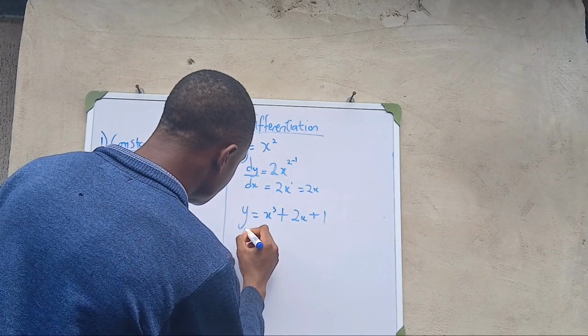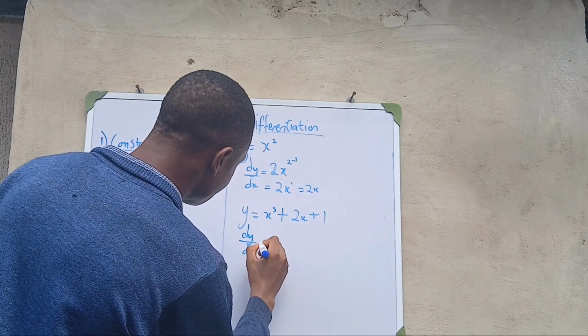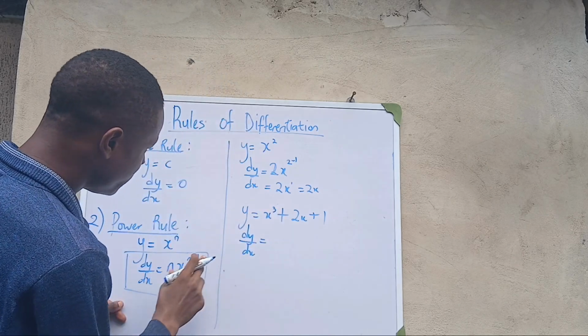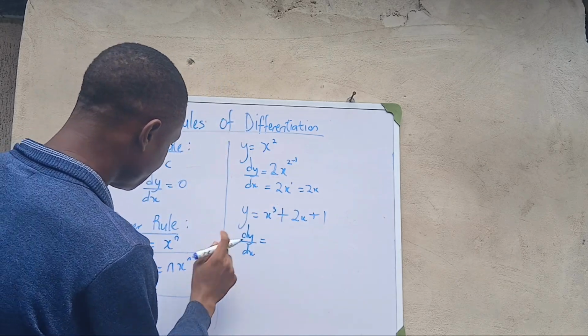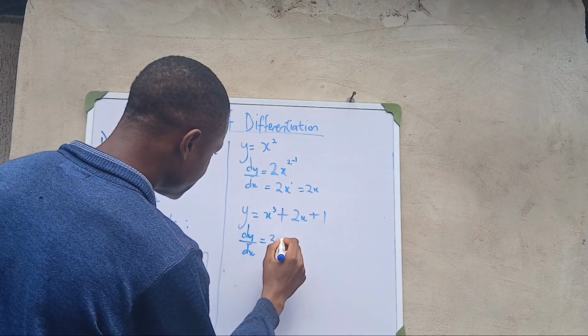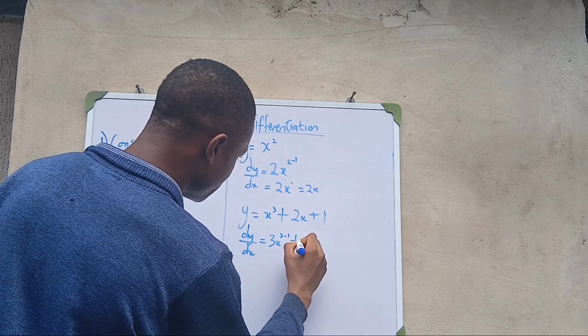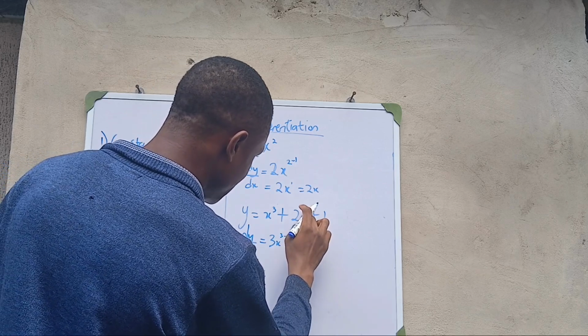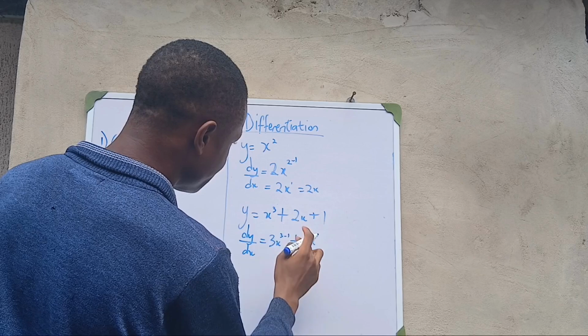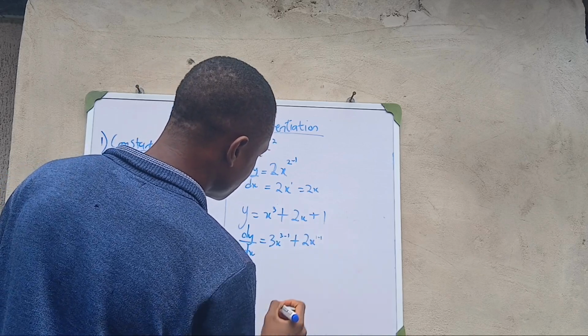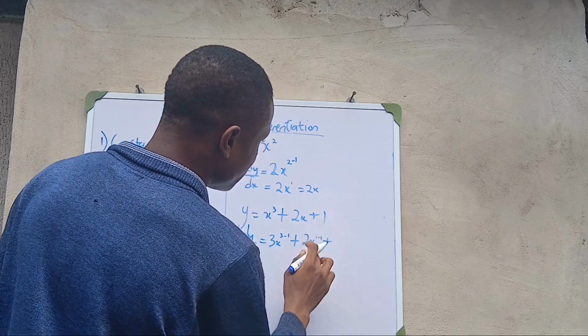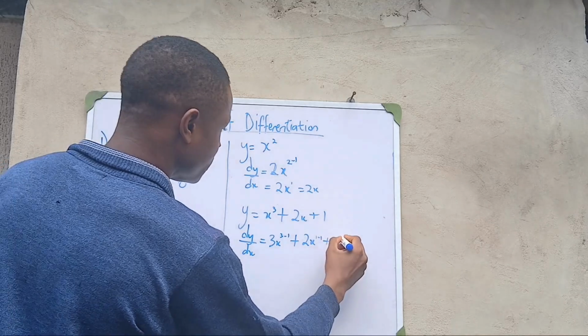Using these two rules, dy over dx is the same as, here we are going to use the power rule, so we have 3x raised to 3 minus 1, plus 2x, there's a 1 here, so the 1 will multiply this, which is 1 minus 1, plus the constant rule, 0.